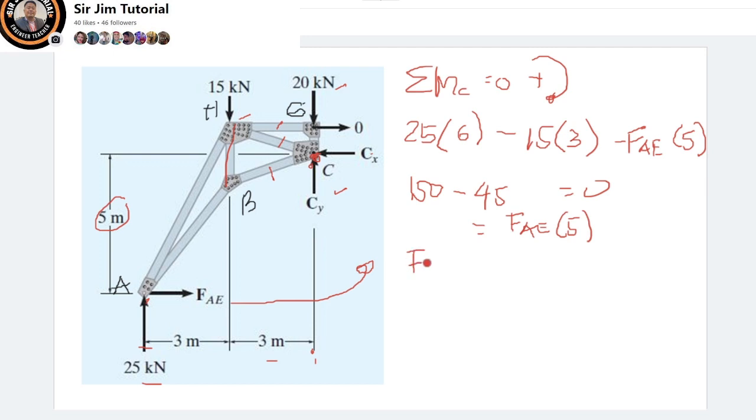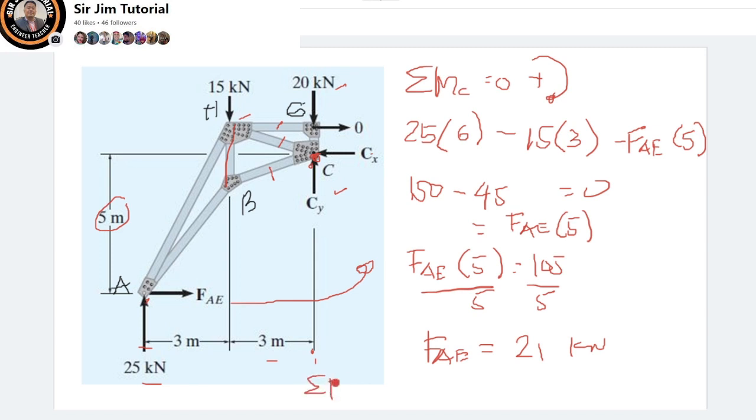So 150 minus 45 is 105. Divide both sides by 5. Then FAE is equal to 21 kilonewton.